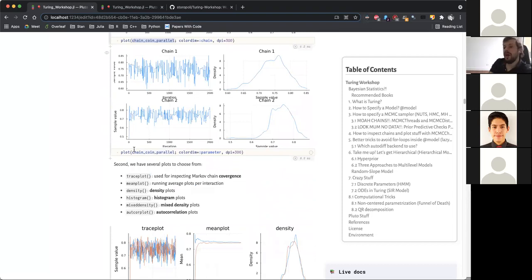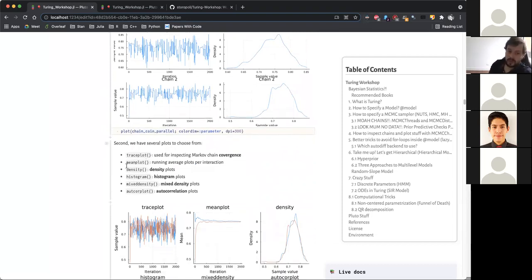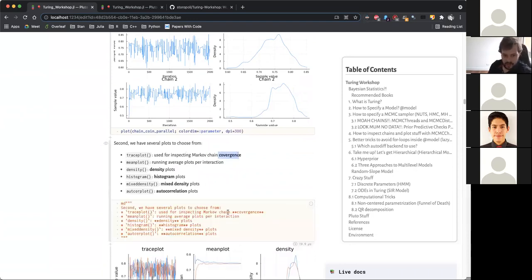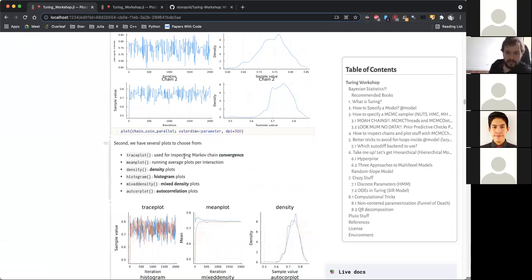Now we have several plots to choose from. These are classical Markov chain visualization plots. We have a trace plot. We use a trace plot to see if the chains converged.